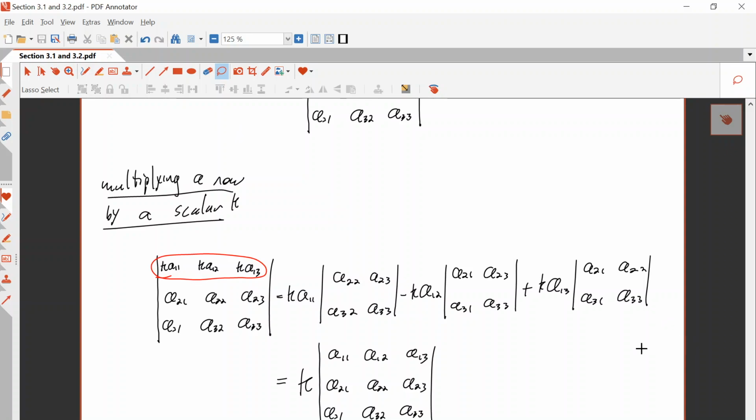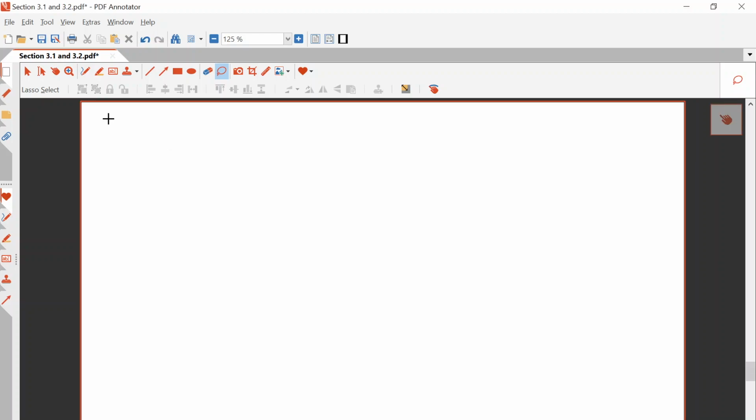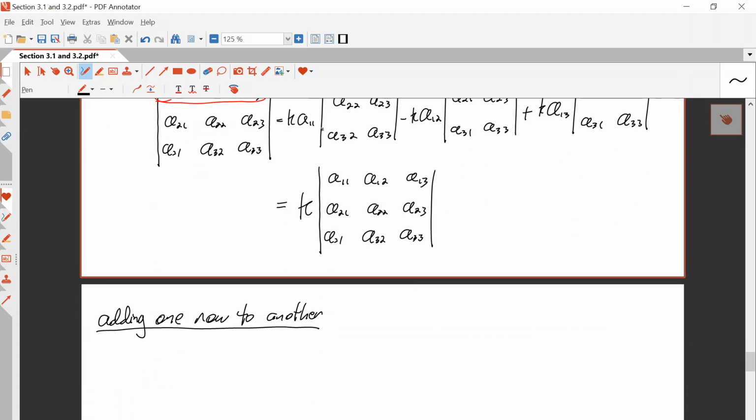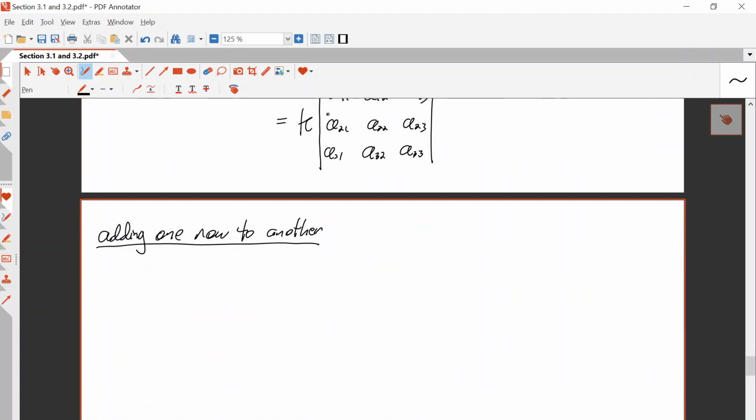Adding one row to another. So let's write it like this: A11, A12, A13, and then we'll say A21 plus KA11.